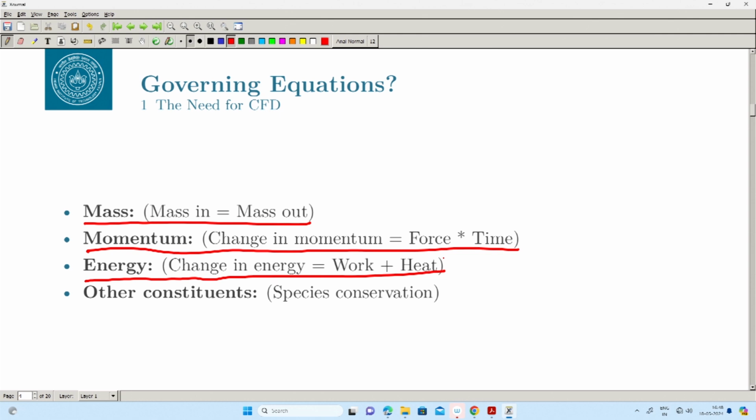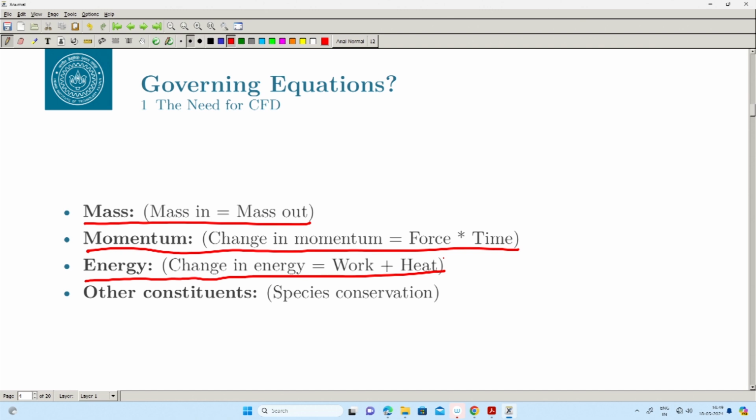So, energy conservation is the third equation, and depending on the system that you have, let us say you have a system where chemical reactions are taking place and the species are changing, then you have to ensure that the species conservation is also obeyed. And let us say you have a flow which is multi-phase.